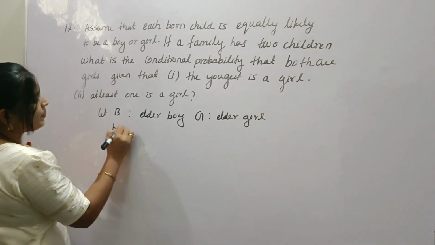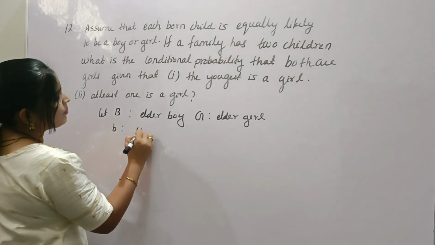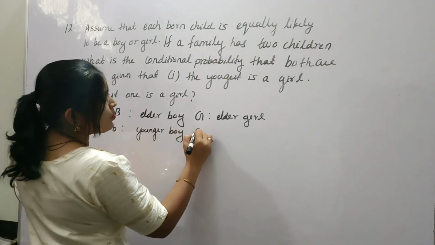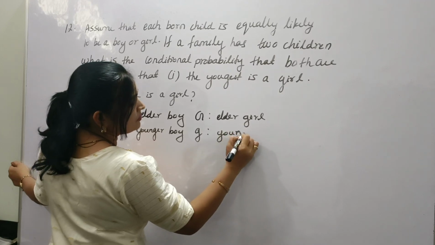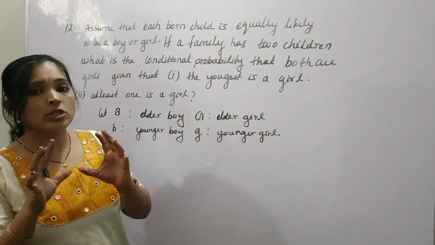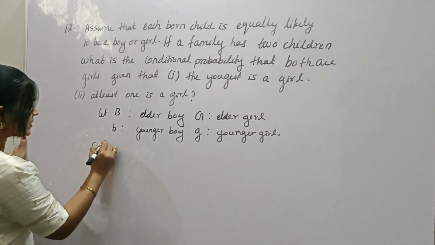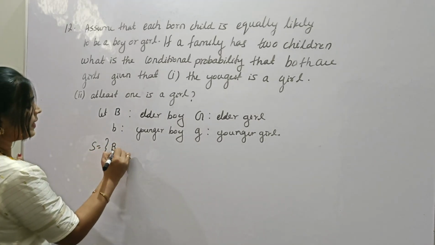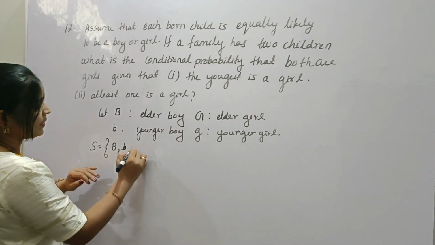Then small b denotes younger boy, and small g denotes younger girl. Okay. Now what are the possibilities, meaning the sample space. The sample space is equal to both are boys. Okay. That means capital B, small b.